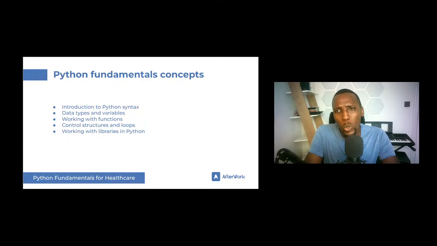Data types and variables: data types are just classifications that we give to data. It could be that you are collecting text data, or numeric data, or what's called Boolean data, which is just true or false. It depends on the kind of data, but the idea is that once you learn about those classifications, then you can perform operations on the data that you're working with.